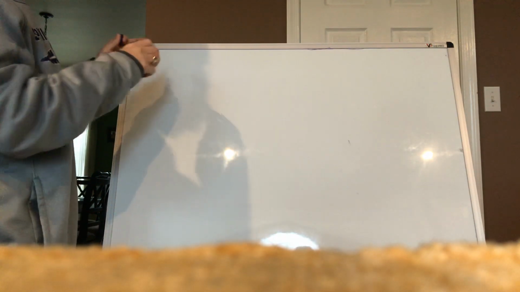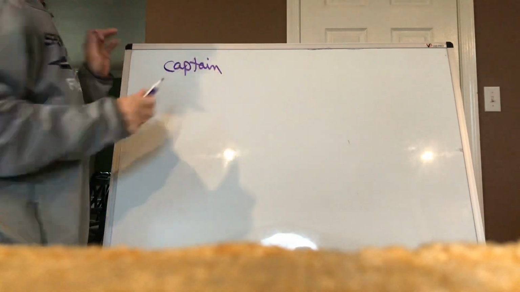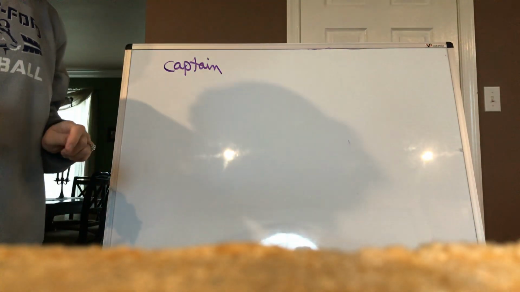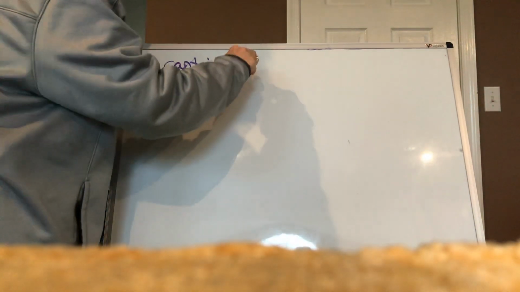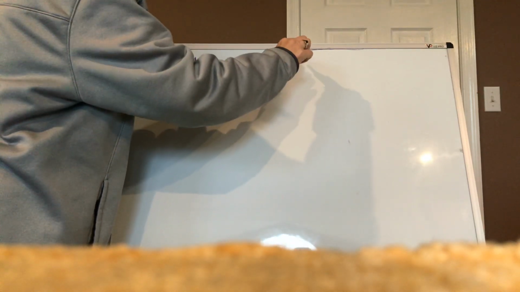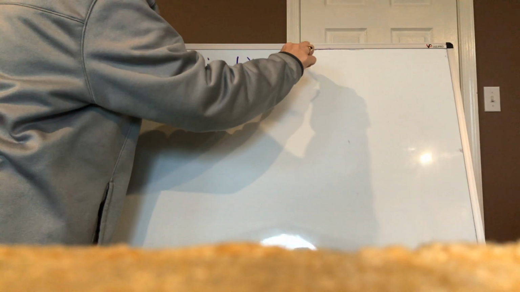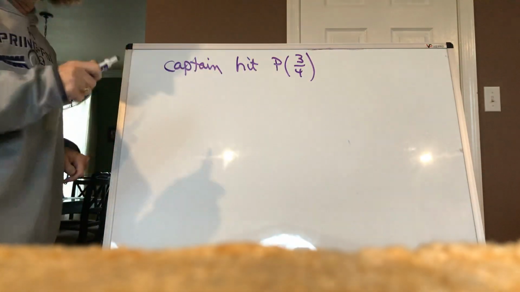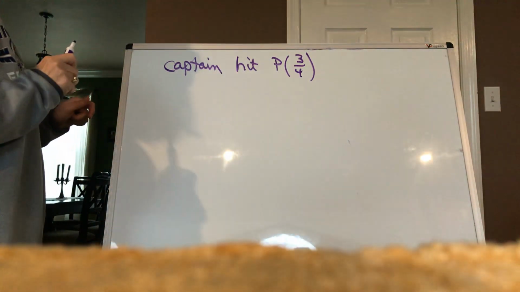Another one that kids are struggling with is this. All right, it's the pirate ship problem. So if we say we've got a captain of a boat, and when he shoots at a pirate ship, he hits the pirate ship with a probability of 3/4. So 3/4 of the time he hits the pirate ship.